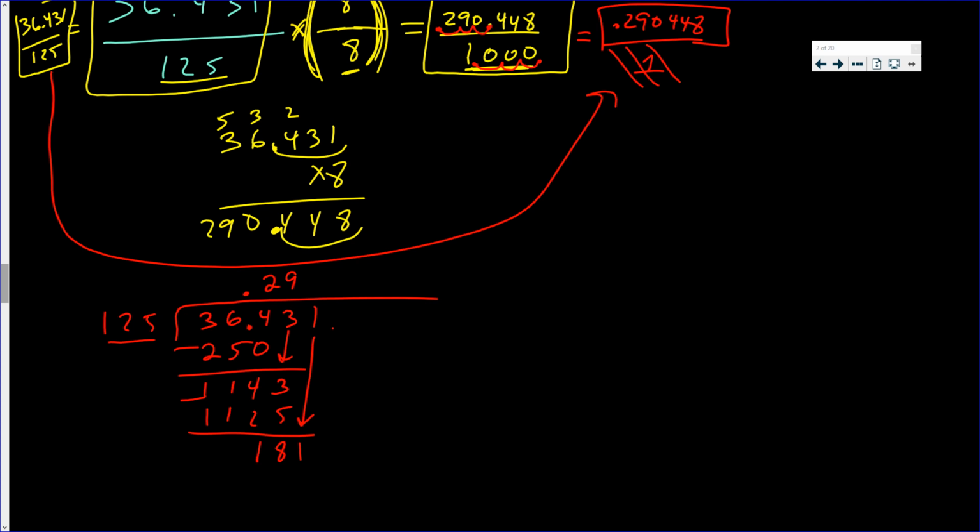What is 9 times 125? It's 9 times 100 plus 9 times 25, which is 220. Oh, 225. Yeah, so it's 1125. That leaves 18 left over. Bring down the 1.